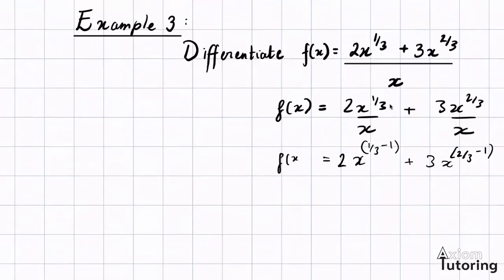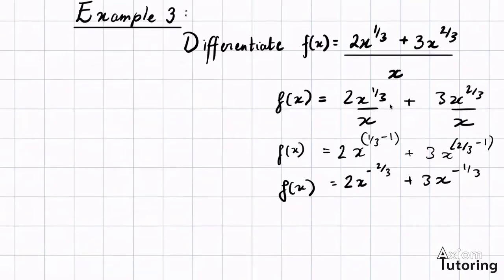We'll go over the index laws in another video, but we're using them here to combine our x's. So we can write that as 2x to the minus 2/3, since we're doing a third minus 1. And then we can do the same thing for the second term. We're doing 2/3 minus 1, that's minus a third there.